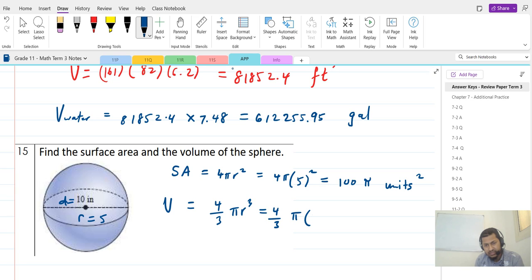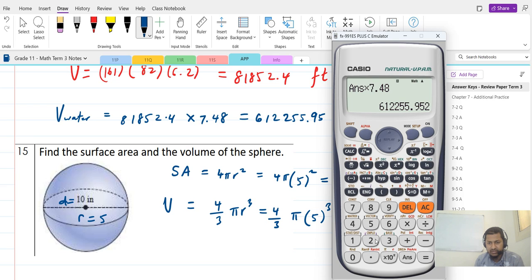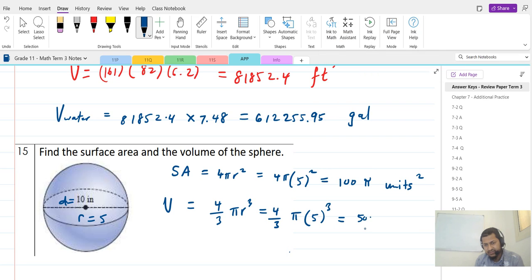R cubed is 5 cubed, which is 125. So 125 times 4 is going to be 500. So final answer is 500 over 3 pi. You can verify this answer with your calculator, units cubed. So I've got the surface area and I've got the volume. Done. Next problem.